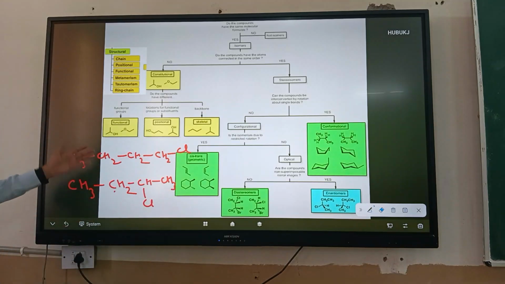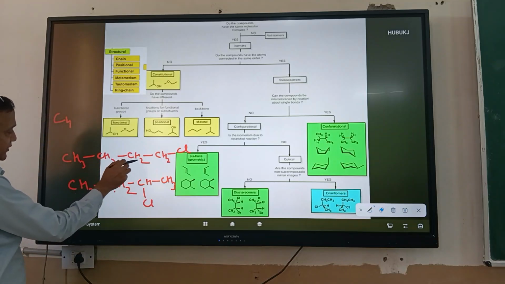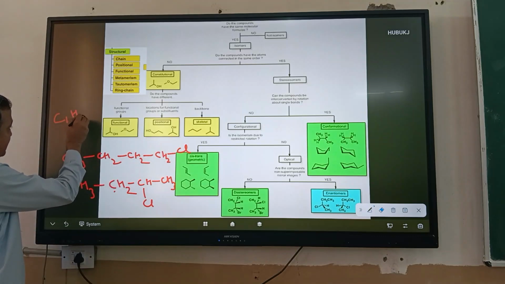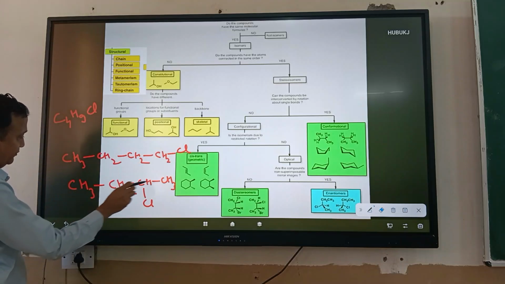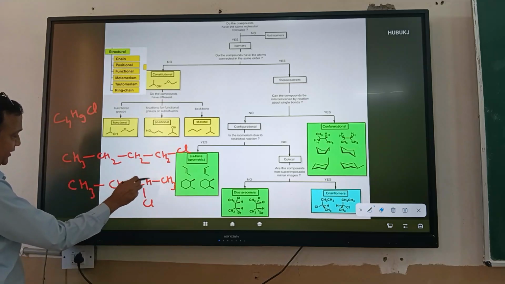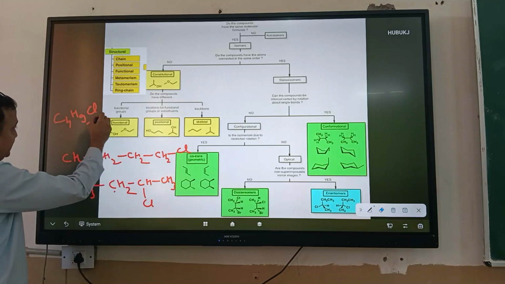Let us see the molecular formula of both. How many carbons are there? Four carbons. Hydrogens: 3, 5, 7, 9, so C4H9Cl. In the second case, how many carbons? Four. Hydrogens: 3, 3, 6, 7, 8, 9. Nine hydrogens and one chloro.